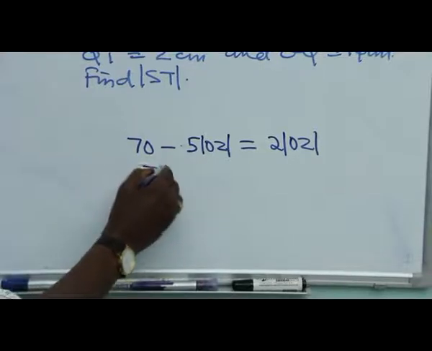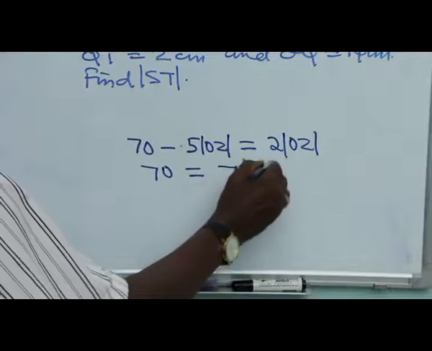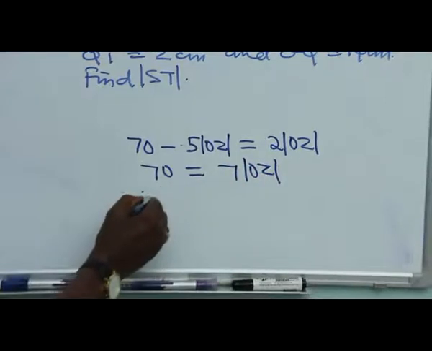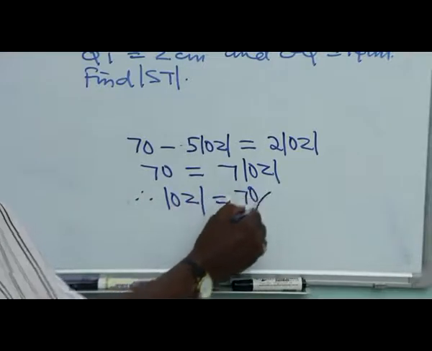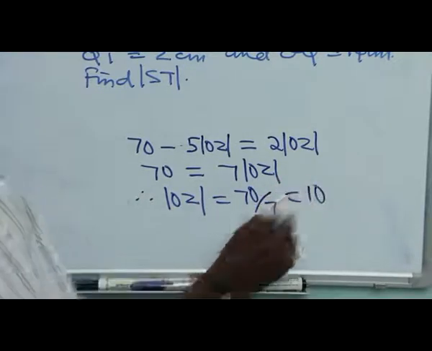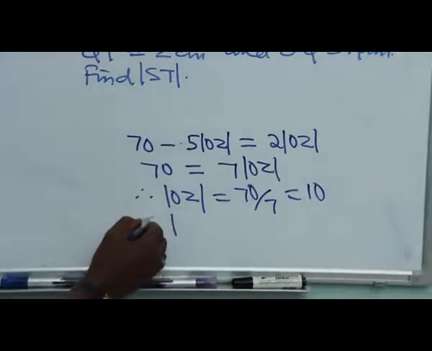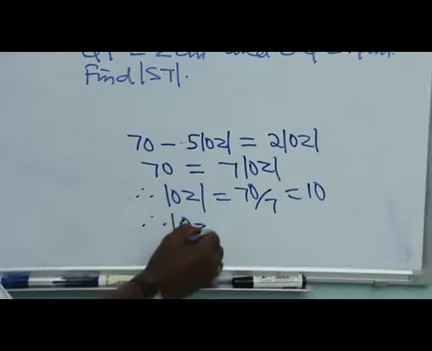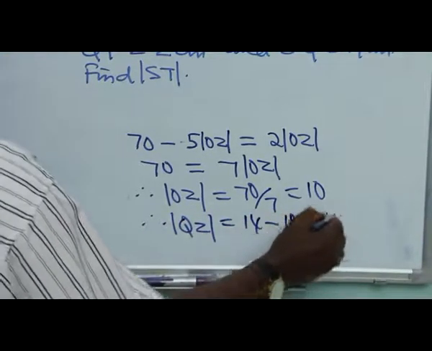And so we have 70 is equal to 7 OZ. Hence, your OZ is equal to 70 over 7, and that is 10. And therefore, our QZ will now be equal to 14 minus 10, which is equal to 4.